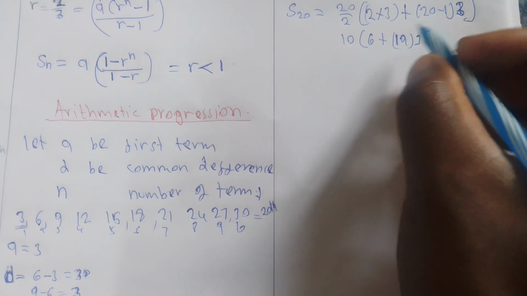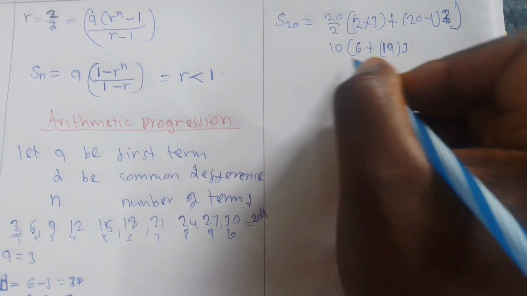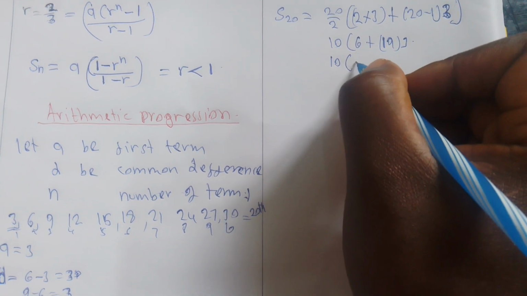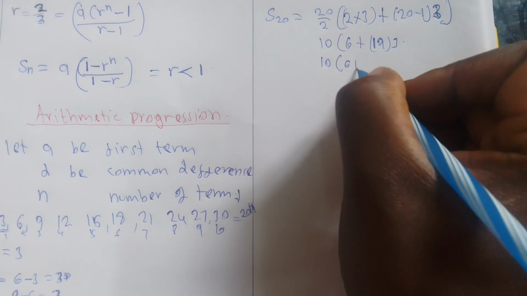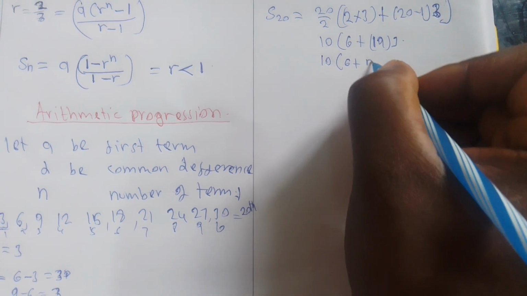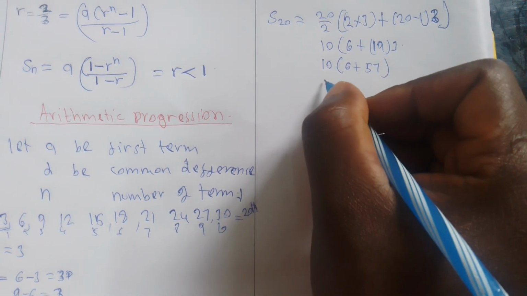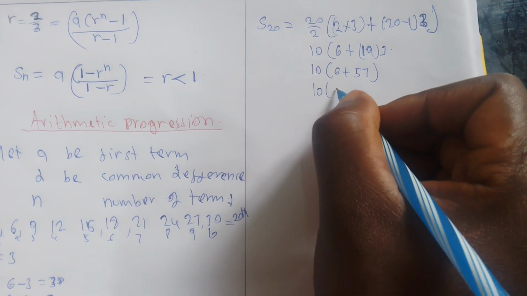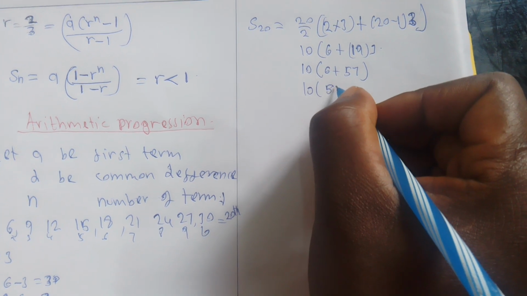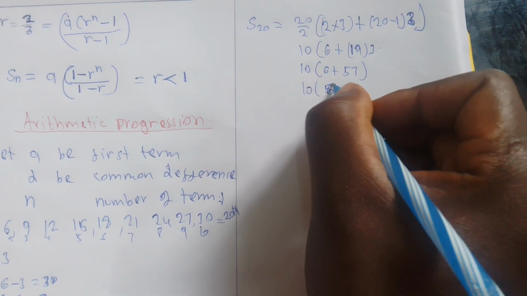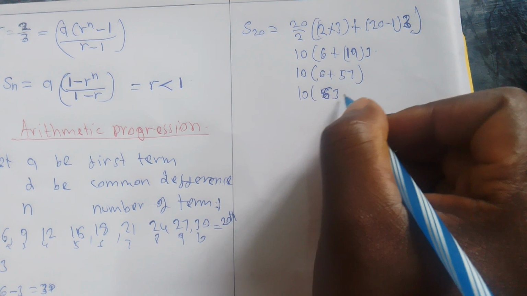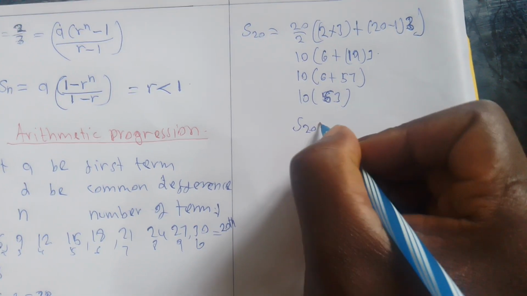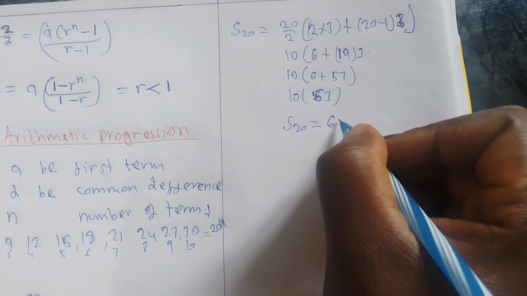That will be 10 into brackets 6 plus 57, which is 10 into brackets 63, and the sum of the 20th term is equal to 630.